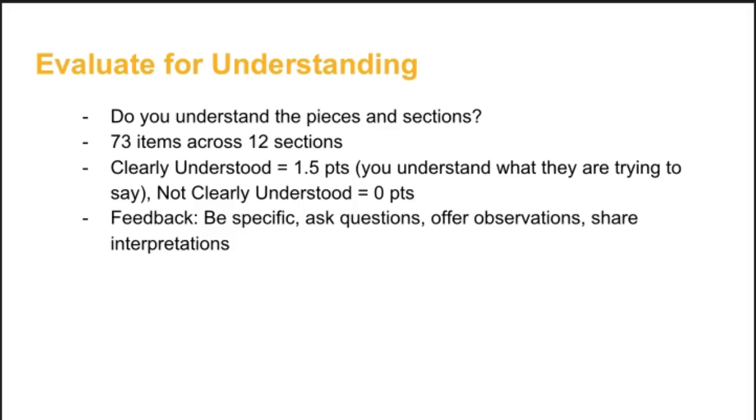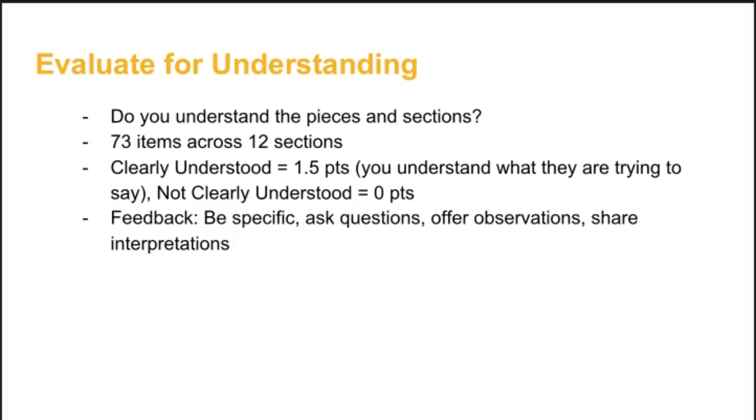Once you've determined that all or enough of the puzzle pieces are in place, you can move on to the second step of evaluating for understanding. You can review each item and the question in the evaluation column to understand it individually and also review the section to understand it. There are 12 additional items to evaluate in this step, so 73 items total. As each section header also has a question for you to answer, the scoring process is similar to the completeness scoring.